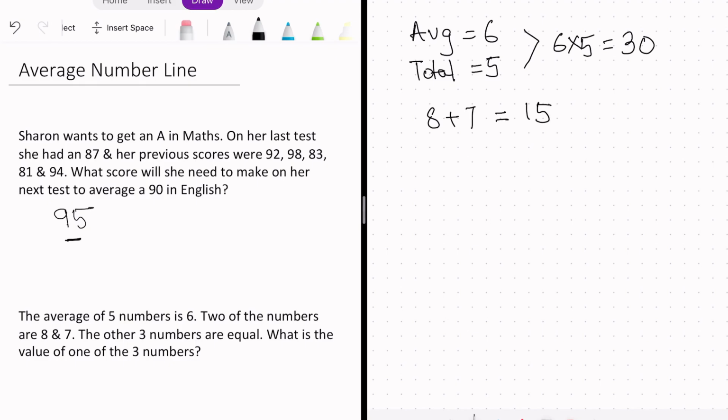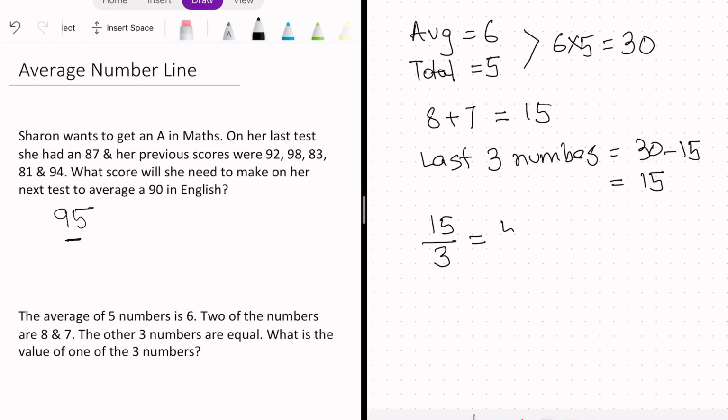So we know the last 3 numbers will add up to 30 minus 15, which is 15. And since these three numbers are equal, each of the numbers would be 15 divided by 3, which is equal to 5. So the number would be 5. This is the traditional way of doing the math.